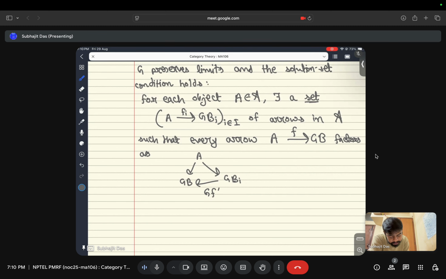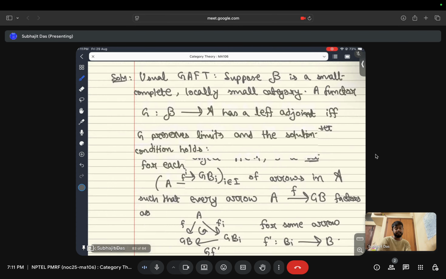So A to GB you have F, this is Fi, for some arrow F prime from Bi to B, for some arrow Bi to B, because A to GBi, A to GB. Yeah, that is what it means. This is the general adjoint functor theorem.